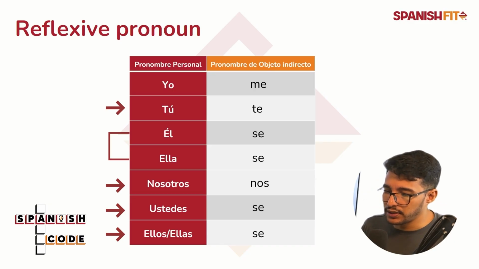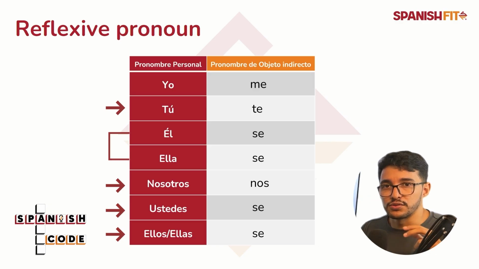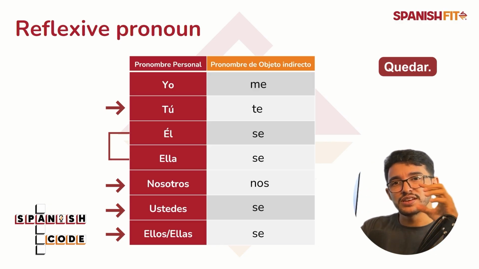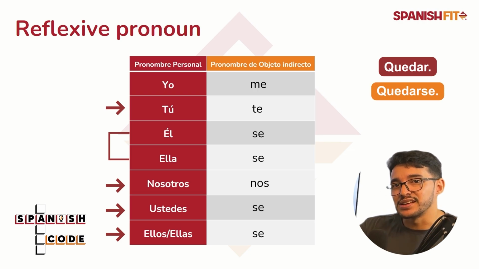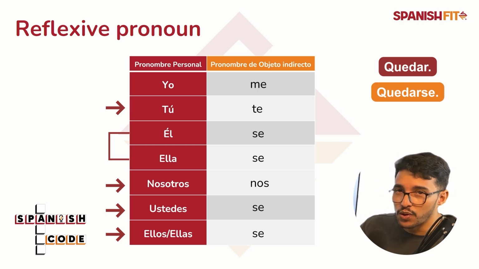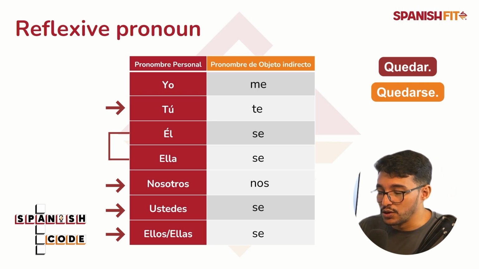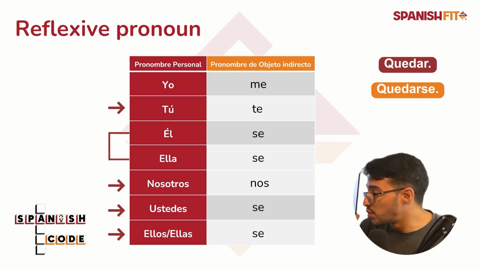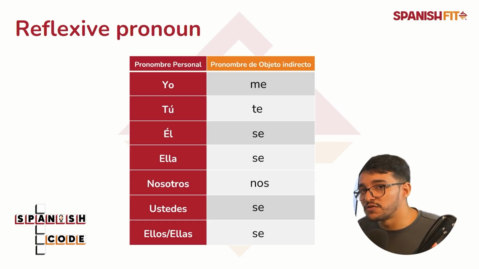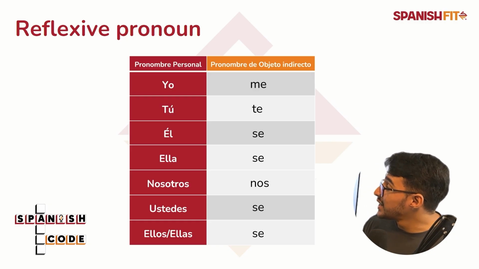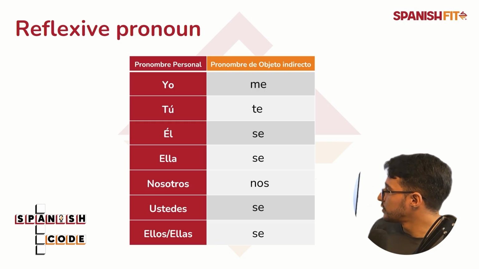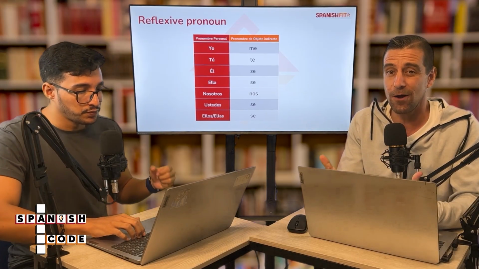Whenever you see, like, to stay, you look at the translator and you see quedar is an AR verb, and then they put the se in one word, quedarse. Since it's the most common one, that's the way we decided to call them, to let you who are learning Spanish know that this verb is going to need another thing in front when you're conjugating and using it. So now, how do we make the sentences?